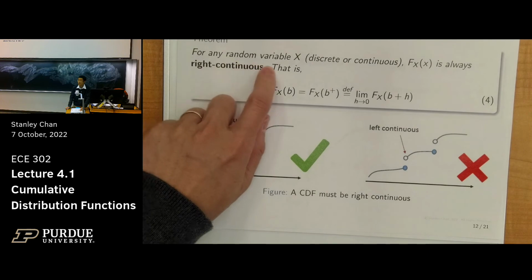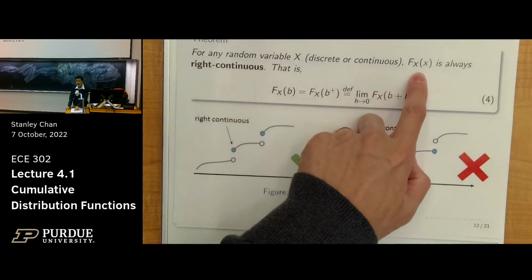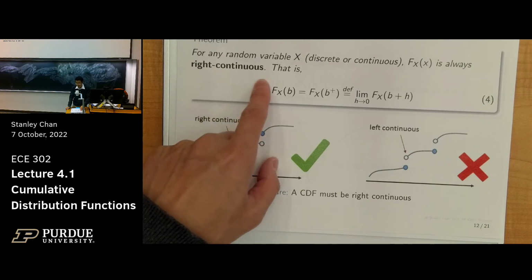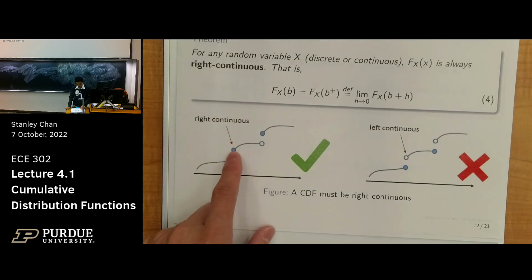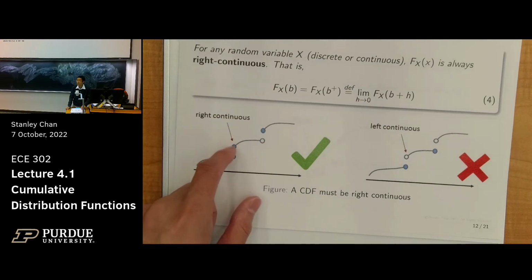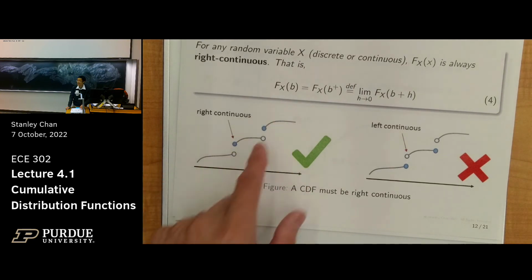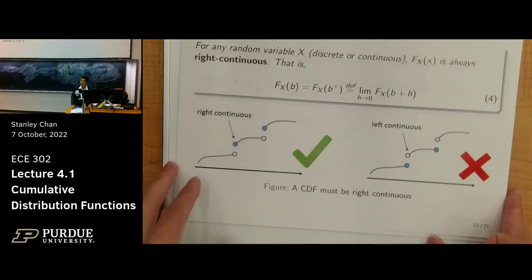For any random variable x, this CDF is always right continuous. The solid dot is always on the top guy. Remember that. And why is this the case?